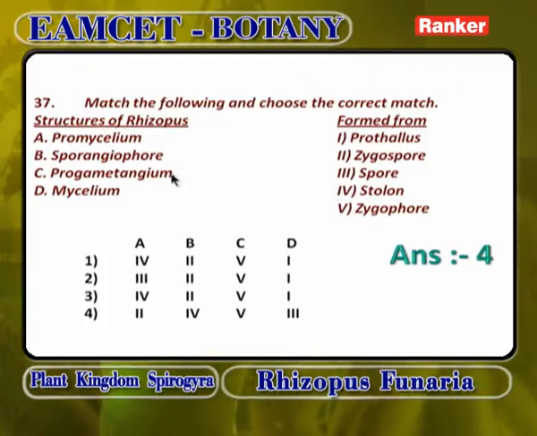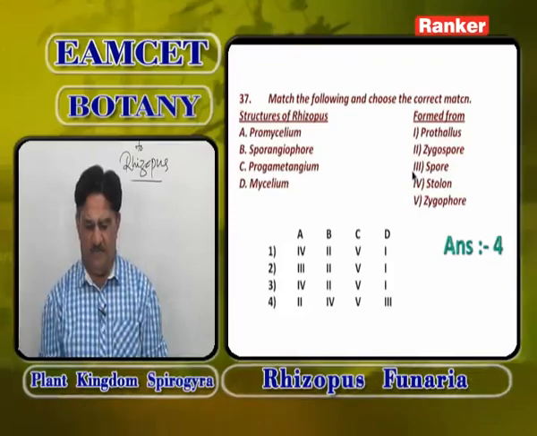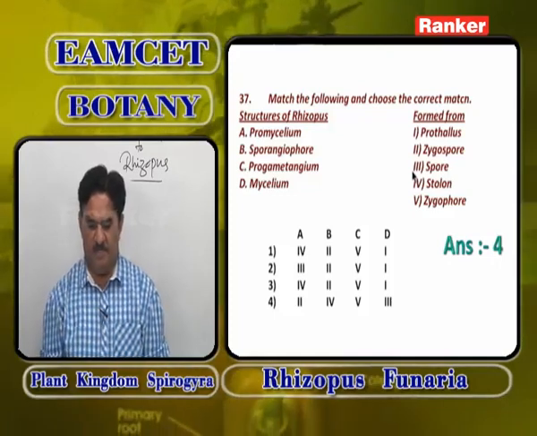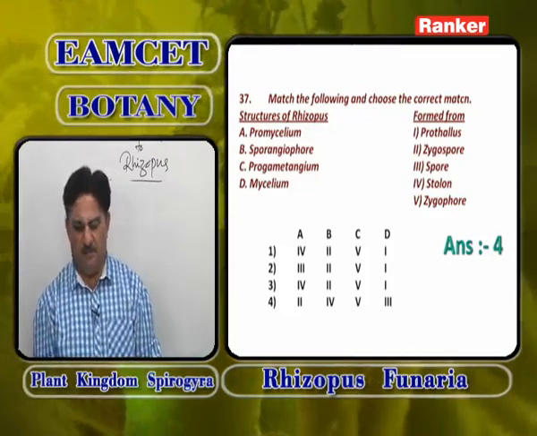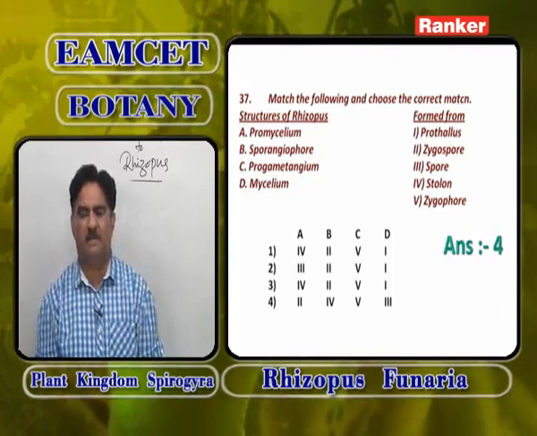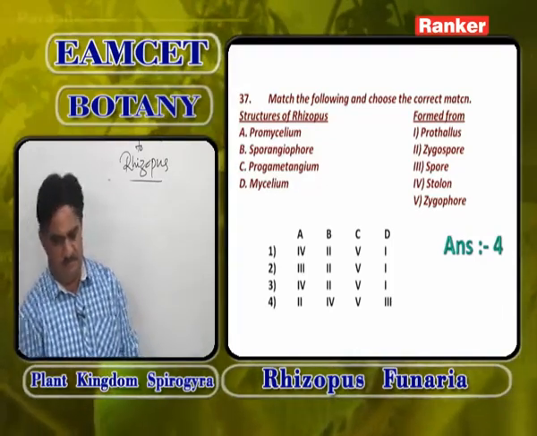C5, progametangium comes from zygophore. Mycelium does not come from prothallus, it is 3. Mycelium comes from spore. So A2, B4, C5, D3. Mycelium always comes after the germination of spore.